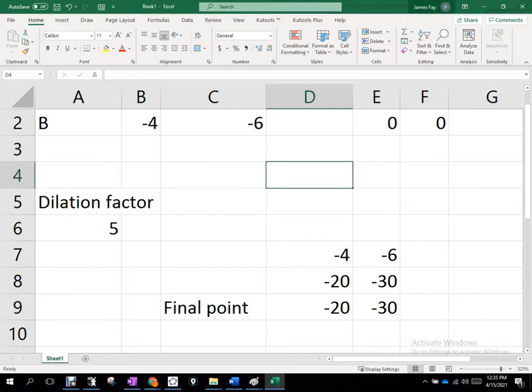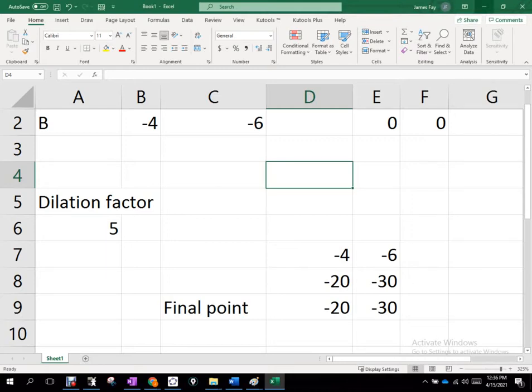Okay. So in a lot of these transformations that we do, Excel is a tool that we could program with our rules, where we just plug in the points, maybe the movements or dilations or rotations, and it calculates it for us.